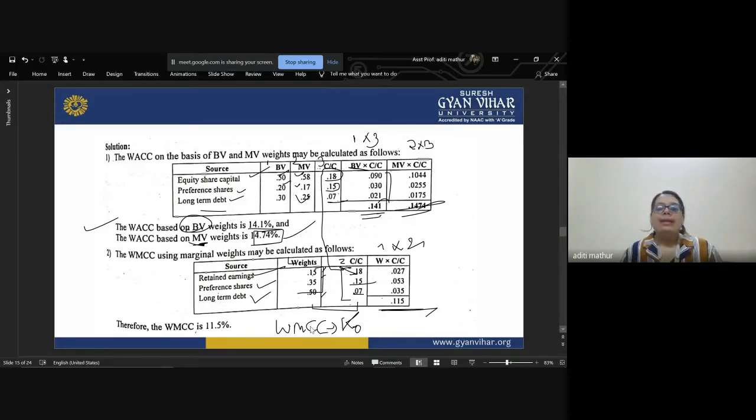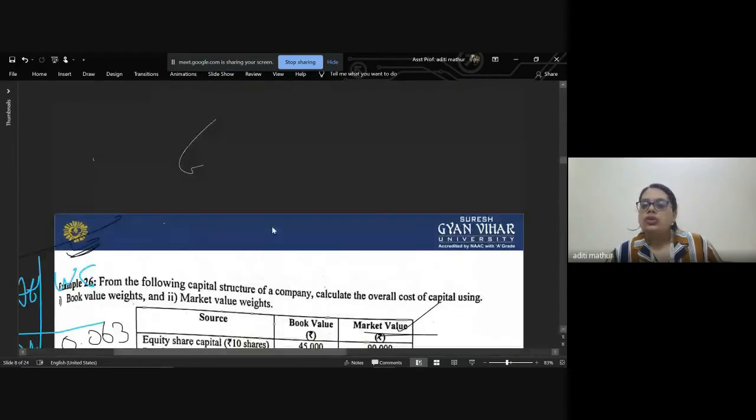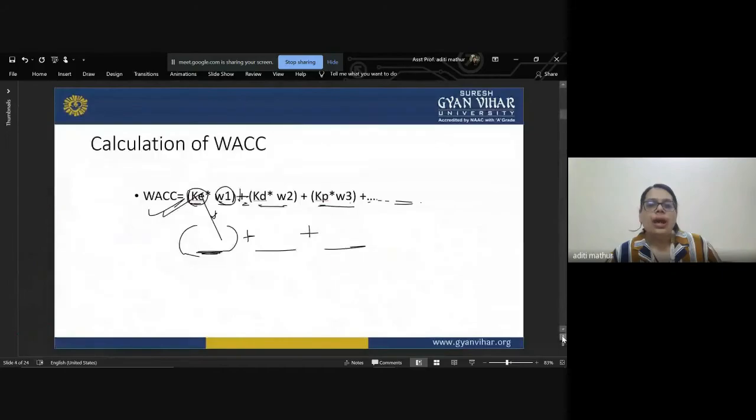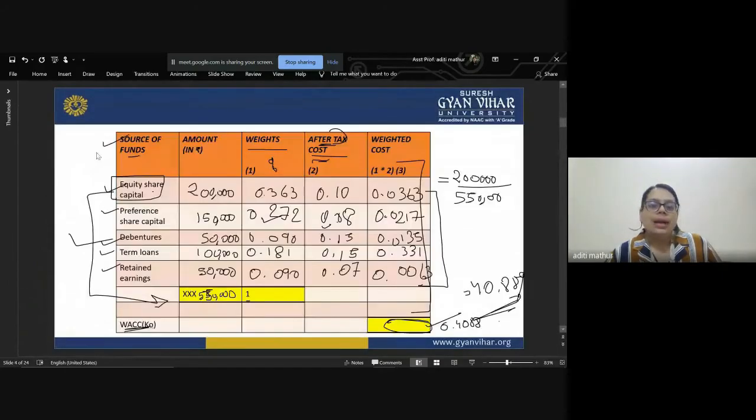So before we wind up, let us have a very quick recap of what we have learned today. Today we have understood how to calculate WACC, that is weighted average cost of capital. For that, we learned how to prepare a table to calculate the overall cost of capital.